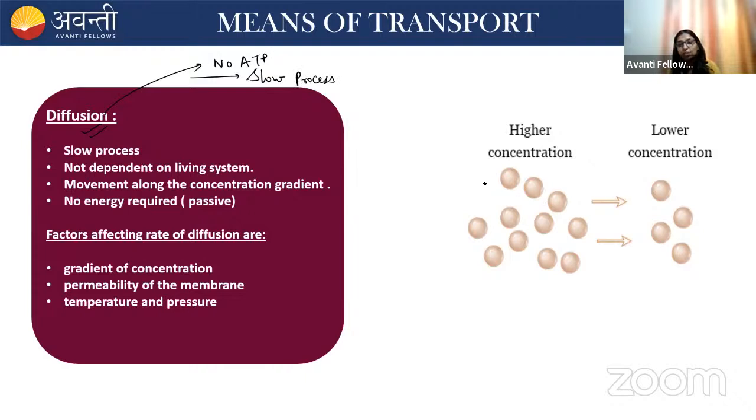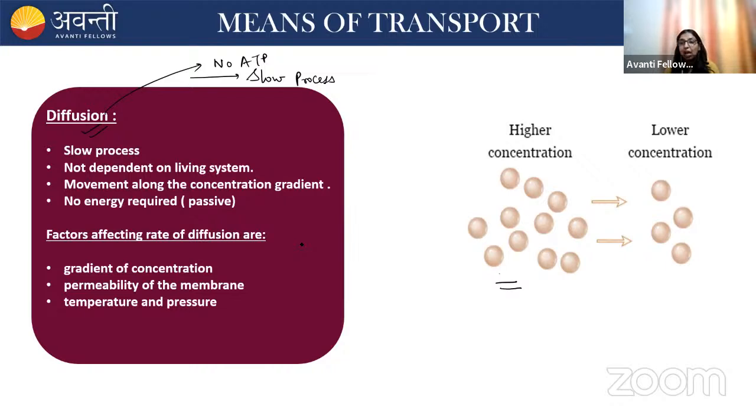And in diffusion, the movement of molecules occurs from high concentration to low concentration. We also call it downhill movement. We also say the movement is along the concentration gradient. Please remember these points. If I say downhill movement, that means the molecules are moving from high concentration to low concentration.